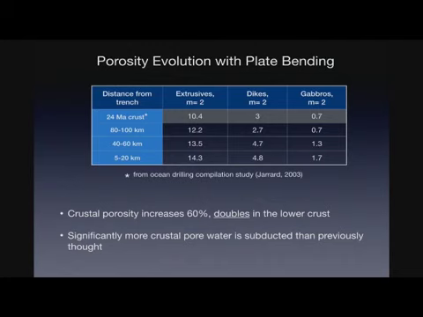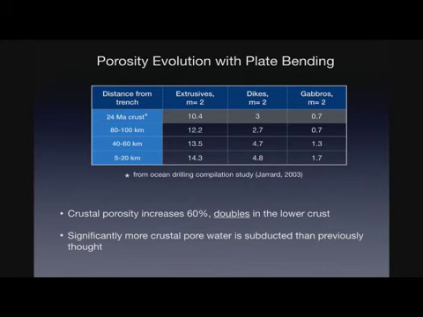So looking at the crustal structure, Samer took all those porosities and then divided them up into different bands, or different distance bands from the trench axis. And so this is to try and map the evolution of porosity as the plate comes in and it starts getting bent and the fault fabric forms. And we can compare those predicted porosities with porosities measured from an ocean drilling compilation published by Gerard in 2003.